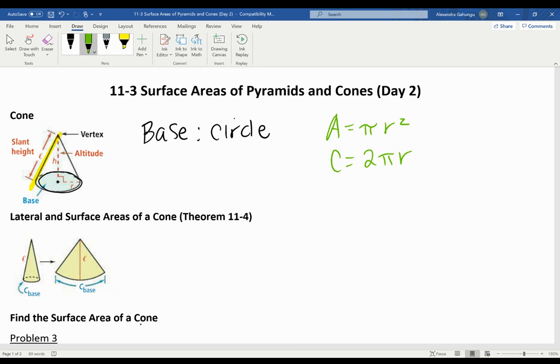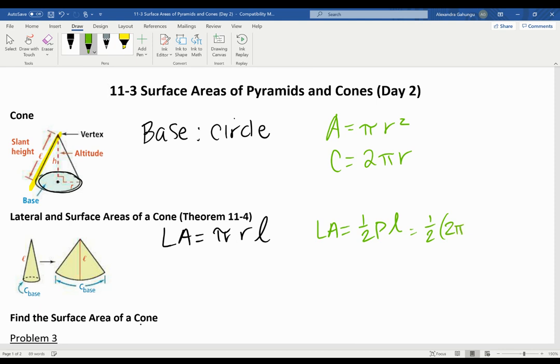So for our lateral area, we are going to get pi r L. So we're using the radius, and that comes from the fact that if we were to go off of what we did before, lateral area being half the perimeter times the slant height, our perimeter of our circle is actually the circumference, this guy.